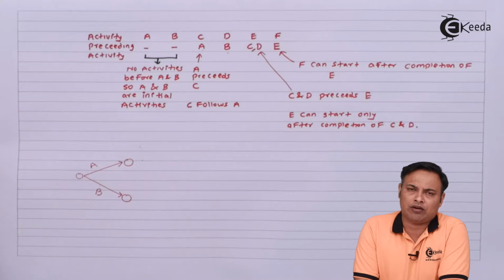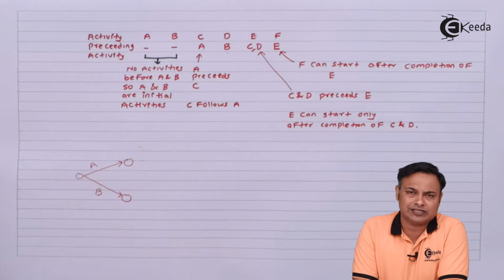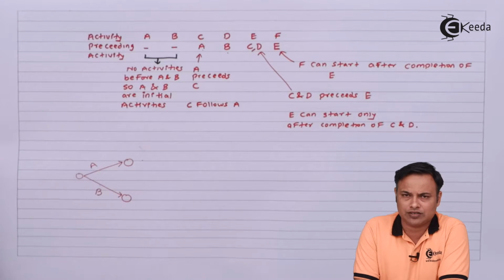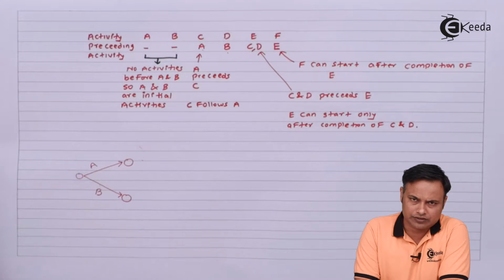Most of the time I advise students to draw the diagram with a pencil at the initial stage on rough paper or on the back side of the answer sheet, just to get a fair diagram, because you never know at what point you need to make changes or join two activities or separate two activities.